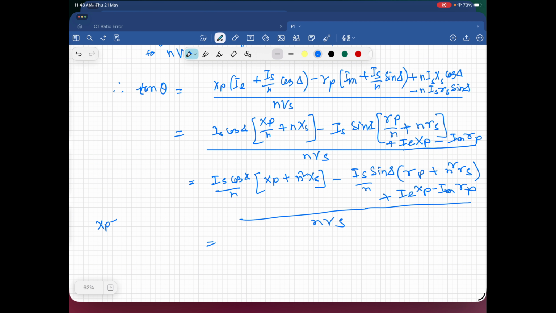So what I have right now, we know Xp plus n square Xs is equal to equivalent reactance referred to the primary side. Now Rp plus n square Rs is equal to equivalent resistance referred to the primary side.